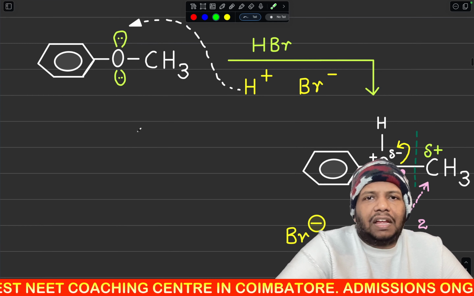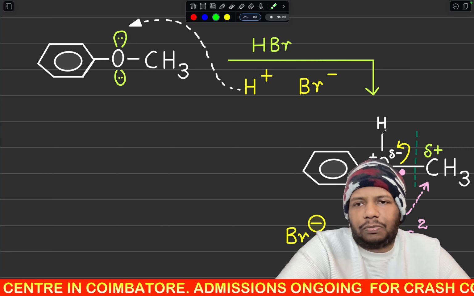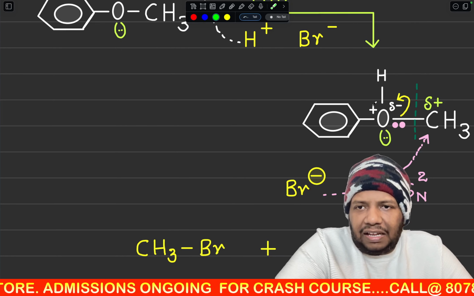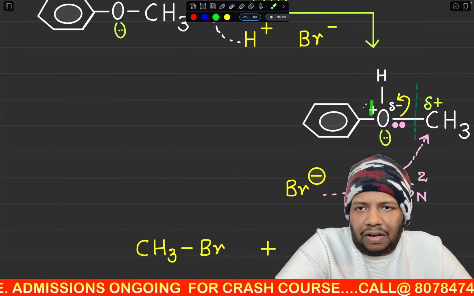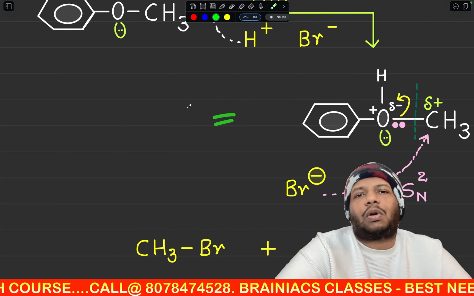Okay, so what will happen? The lone pair will donate its electrons to the vacant orbital of hydrogen and form a bond here. When that lone pair is donated, the oxygen will develop a positive charge like this. Oxygen with a positive charge is highly unstable because it is an electronegative atom.